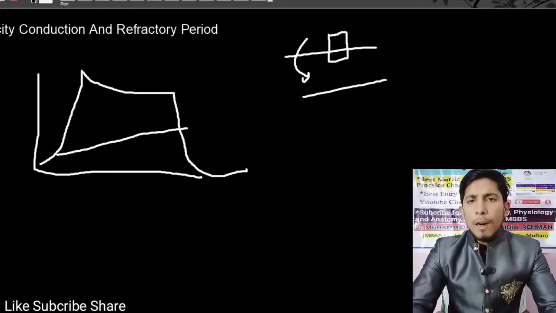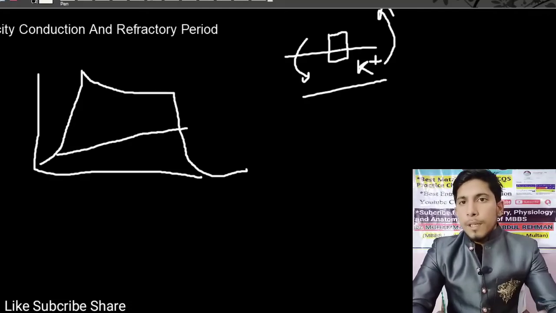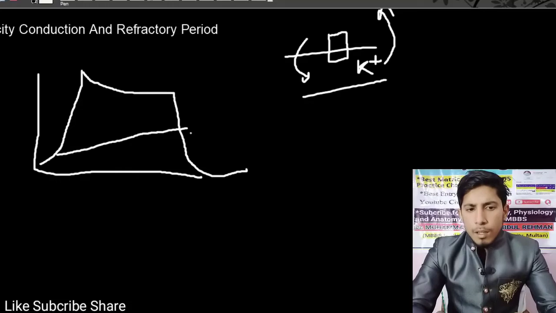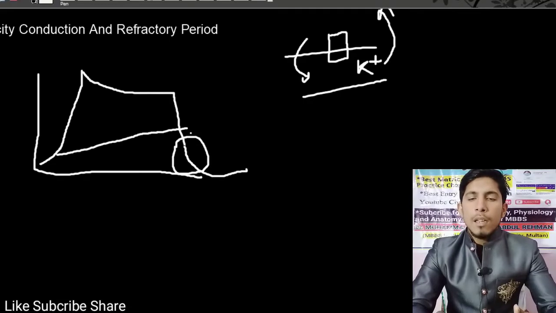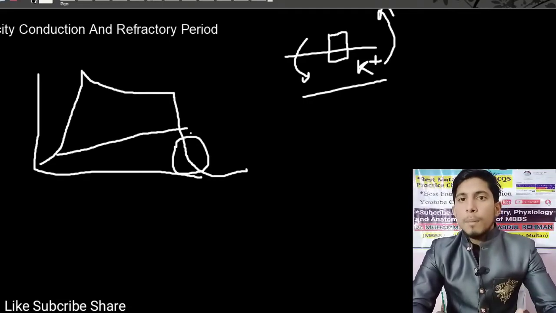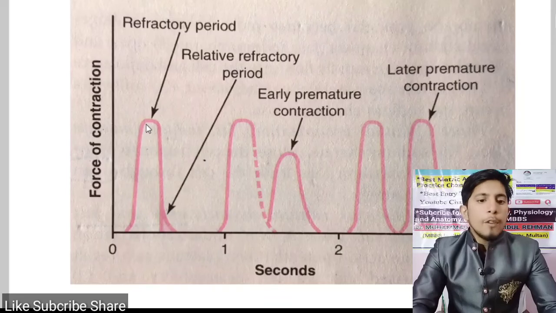After half of the rapid repolarization, many of the potassium ions present inside leave through different channels, and voltage gated sodium channels begin to open. As a result, if a strong stimulus or action potential is provided during this period, this muscle will contract.